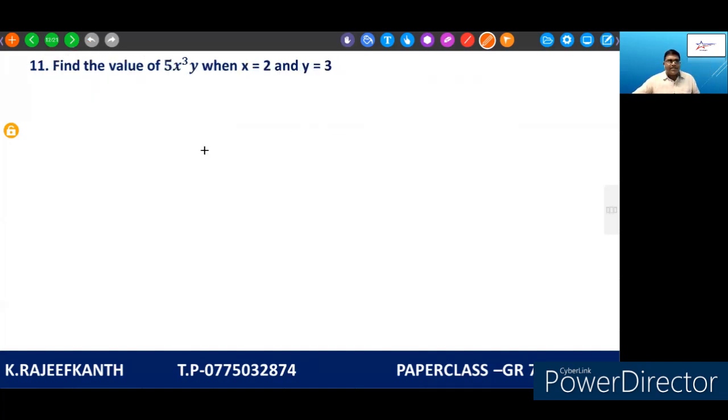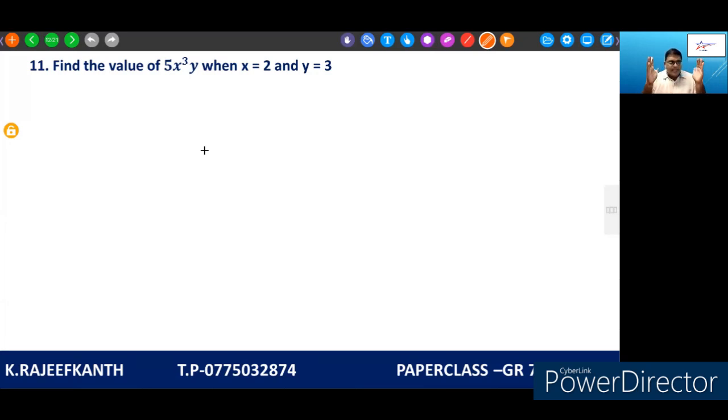Then question number 11. Find the value of 5x^3y when x equals 2 and y equals 3. Here they have given an expression 5x^3y.